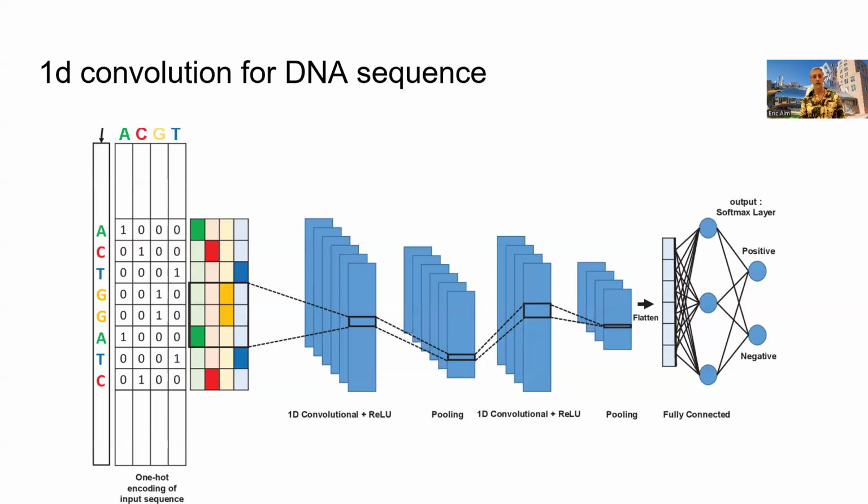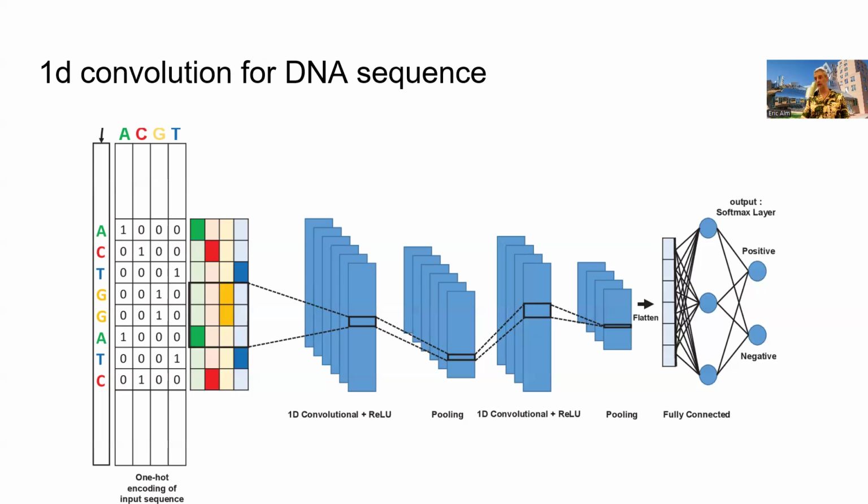What this means is if I want a kernel that detects the sequence ATG, I can do that, because I can have a convolutional layer after my input that's looking for a 1 in the first position, an A in the first position, a T in the second position, and a G in the third position. So it can mix and match from all of the different channels before it.